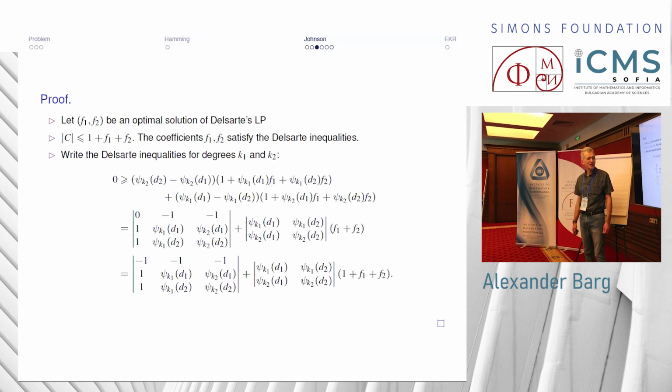So let's write the two Delsarte inequalities, and if you add them up, then you obtain this, manipulating the values of the polynomials. Write this as determinants, and then we have this plus that, f1 plus f2. And what is missing from this bound is plus 1. So let's inject plus 1, which adds something extra, which we deduct here. And we have this inequality, and as we said, we can divide by this determinant, nothing is disturbed. So divide and get the answer. All right.